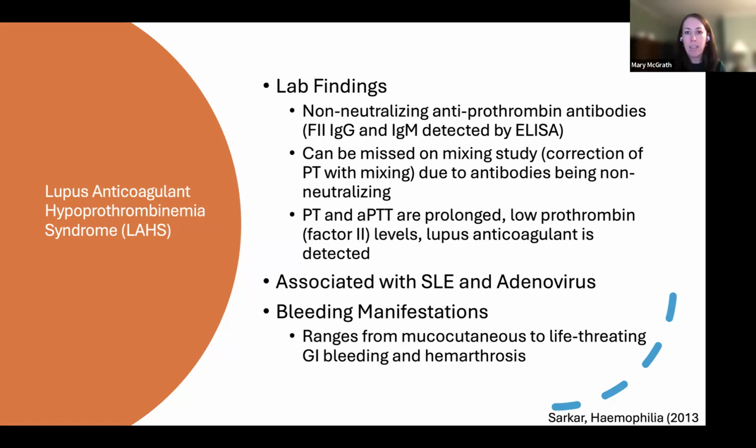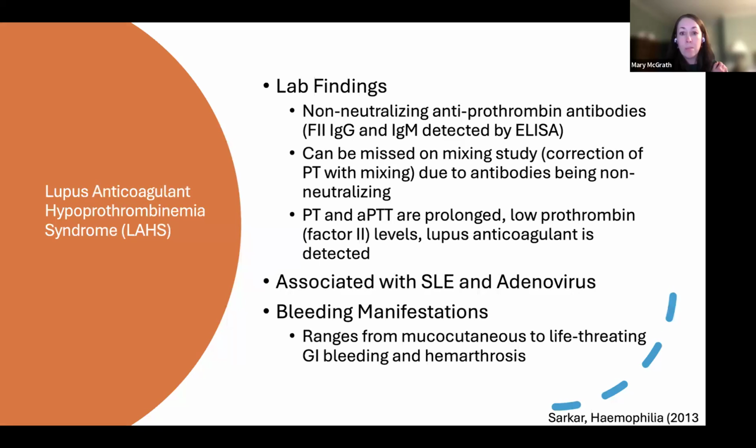These antibodies can be tested for and detected via ELISA assays. The diagnosis can be missed on just a routine mixing study. Since the antibodies are non-neutralizing, the PT will be very prolonged at baseline, but upon mixing actually will correct.